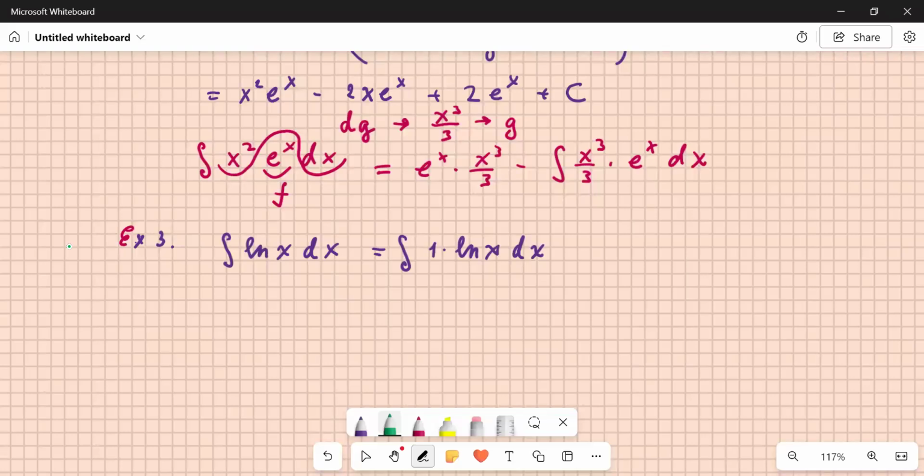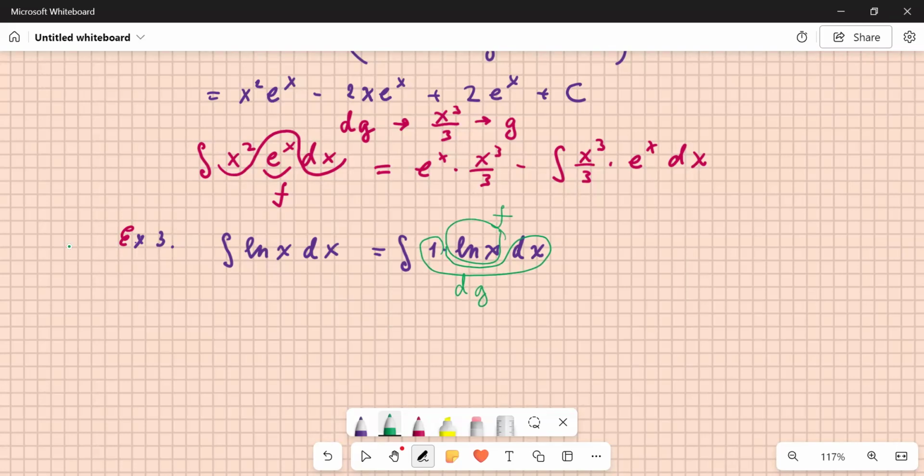You really, guys, don't know the derivative of what is ln. So here, you don't have any options. If you want to call this dg, then you don't know what is integral of ln, because actually that's what we are trying to calculate. So this one cannot be dg. So your dg is going to be this one. This is dg, and this one is going to be your f.